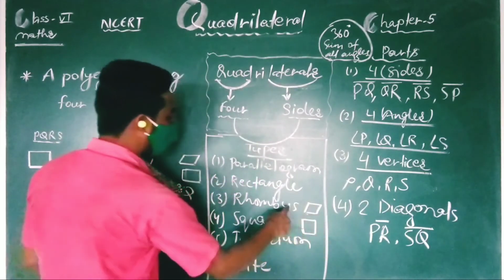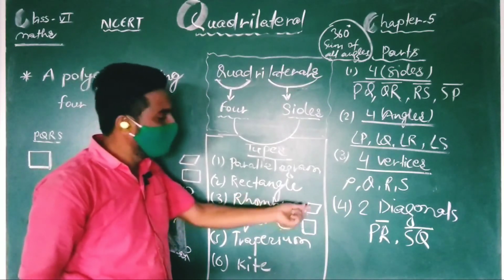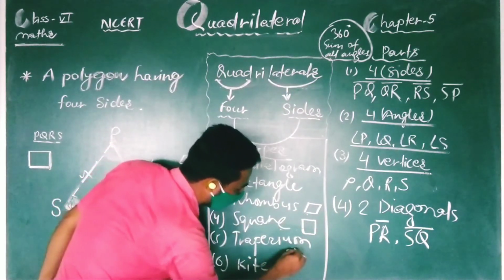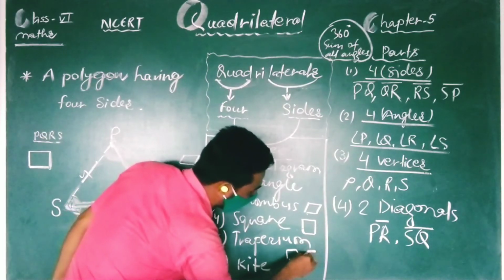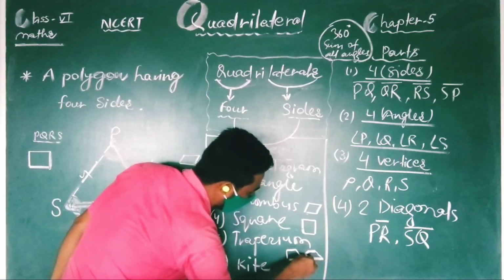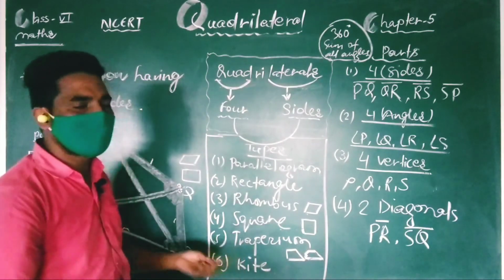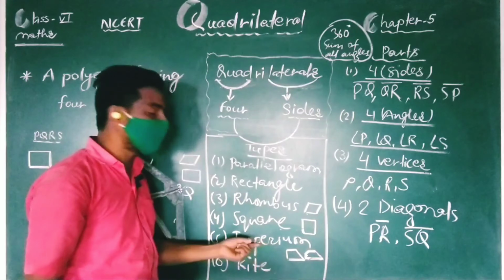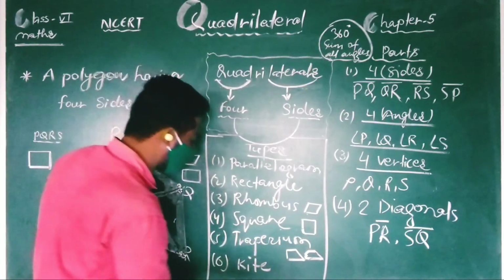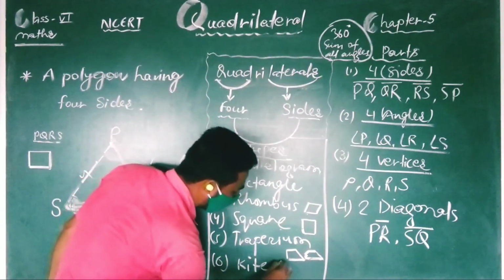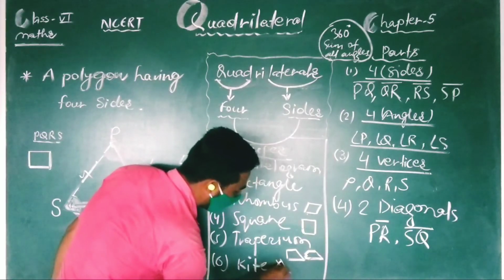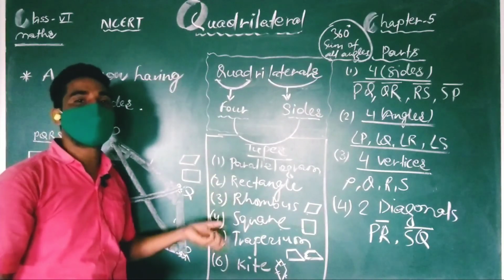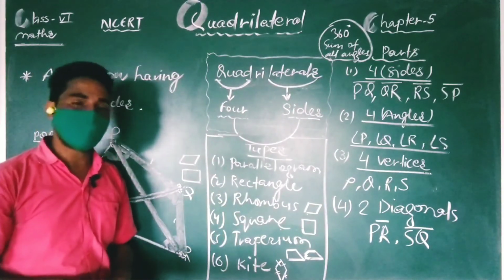You can see these are also similar, with a little difference. And this is a trapezium. This is also a trapezium, because 4 sides you can see. There are several shapes of trapezium, but since 4 sides are there, it is a quadrilateral as well as a trapezium due to its special property. I will discuss it in detail. And this is your kite. I will talk about all these types of quadrilateral in detail in another video, so just wait for that video.